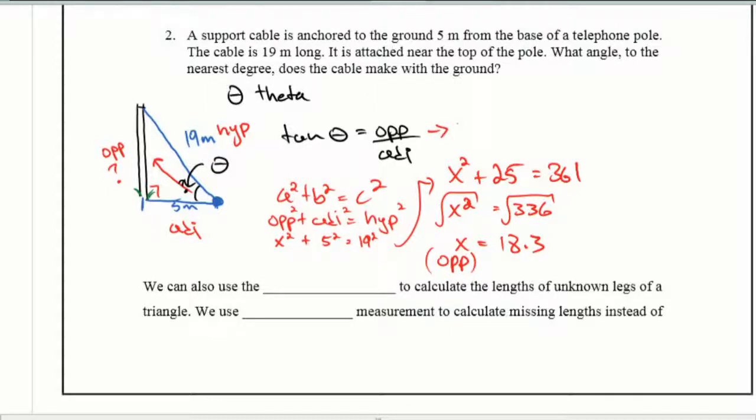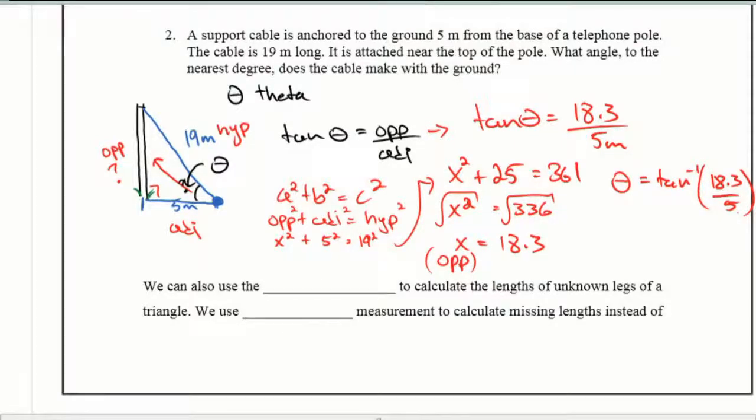So I'm going to use my trig ratio here. The tangent of the angle I'm trying to find, the opposite side has a length of 18.3. The adjacent side was given in the question as 5. So to figure out the angle, theta, I'm going to take the inverse tangent of 18.3 divided by 5.